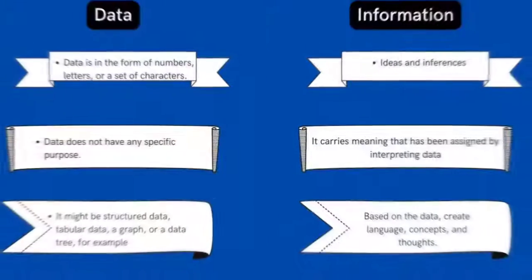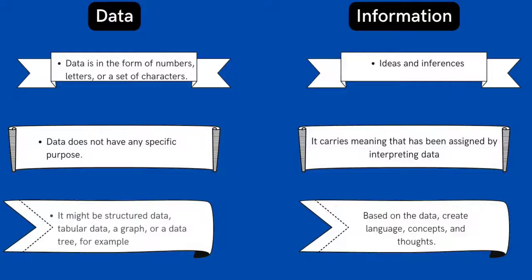Now that we know the definition of data and information, let's differentiate data from information. Data does not have any specific purpose, but information carries meaning that has been assigned by interpreting data. Data might be in the form of tabular data, a graph, or a data tree, for example.